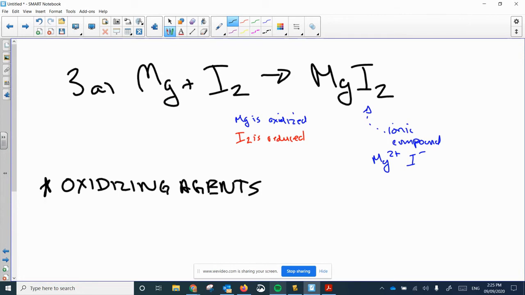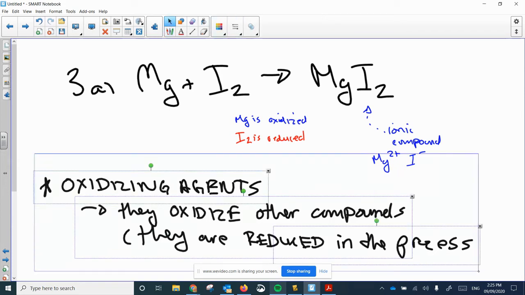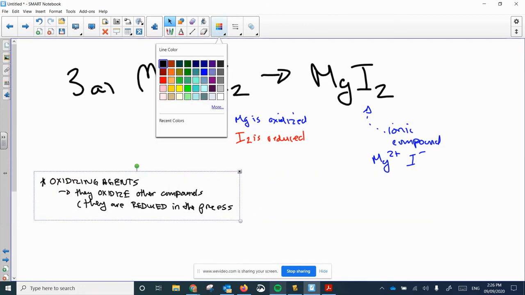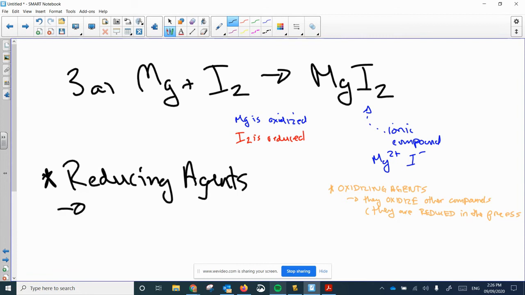Let's make a few quick notes here about oxidizing agents. Oxidizing agents will oxidize other compounds. They are reduced in the process. A reducing agent is a chemical species that will reduce other compounds.